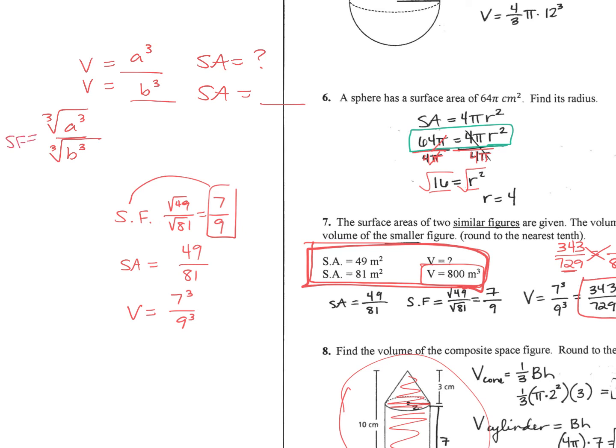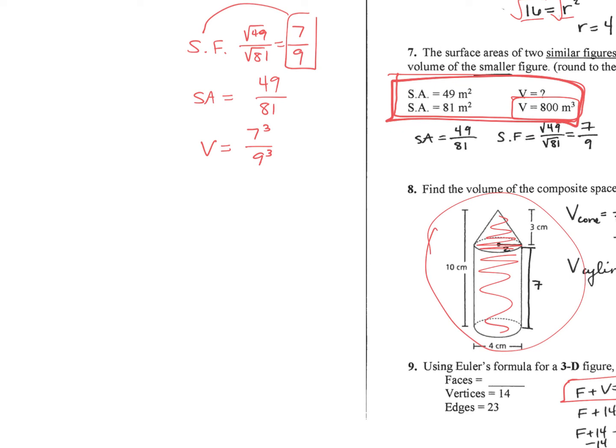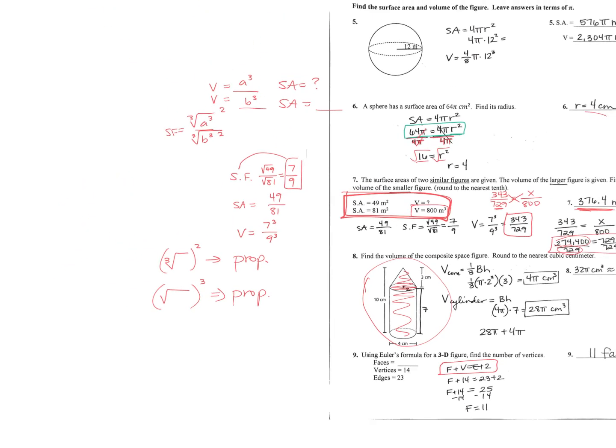And then you're going to square that to make it area and then set up a proportion. So you are either cube rooting and then squaring and then setting up a proportion, or you are square rooting and then cubing and then setting up a proportion, okay? So just pay attention to the details and you can totally do it.